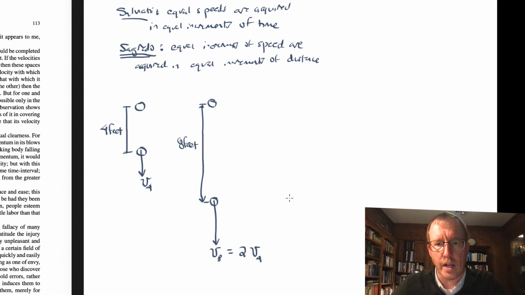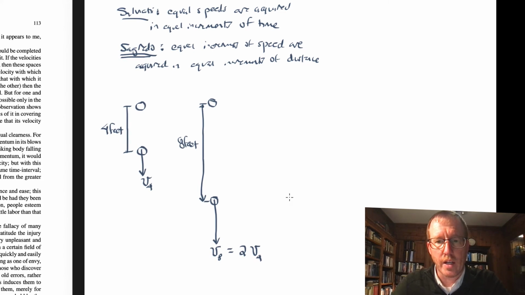What does this imply? Well, what Salviati points out is that if it has twice the speed as the first case, and it's gone twice the distance as the first case, then it must have reached the bottom in the exact same amount of time.